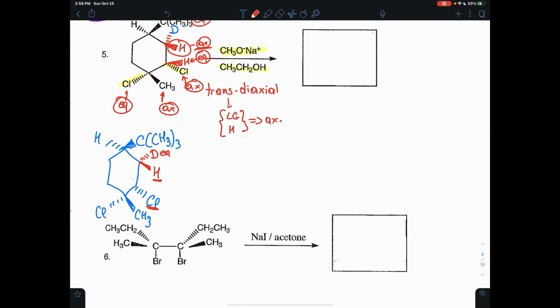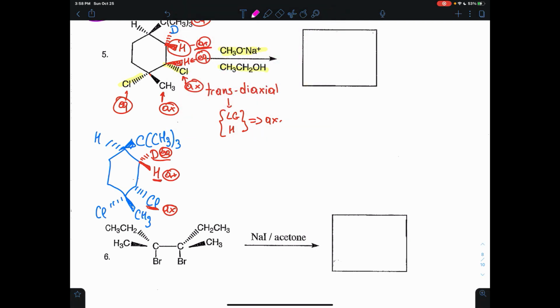So we know that this deuterium is gonna be on equatorial, this hydrogen is gonna be on axial, and this chlorine is gonna be on axial. So we know that this is the chlorine we're gonna be using. But now I gotta decide which one I'm gonna use. Am I gonna use the hydrogen or the deuterium? But look, if I look at the deuterium, it's on the equatorial, so that's not good. So I have to use the hydrogen.